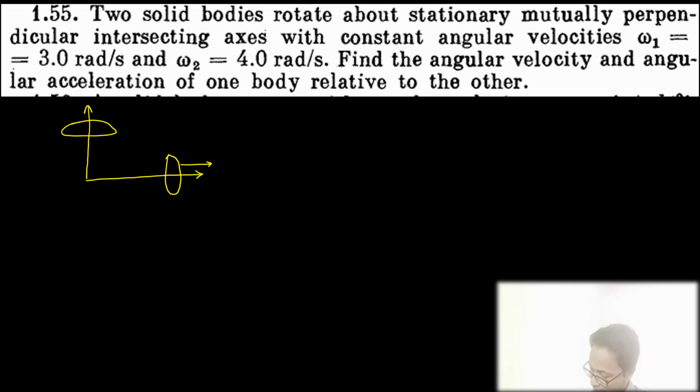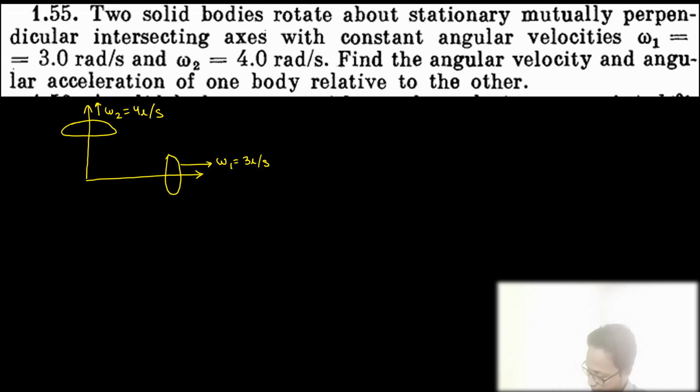Disk 1 is rotating with angular velocity omega 1, equal to 3 radians per second, and disk 2 is rotating with angular velocity omega 2, 4 radians per second. This disk rotates in this direction, and this one in this direction. I'm just expressing the angular velocity vectors using the right hand rule.